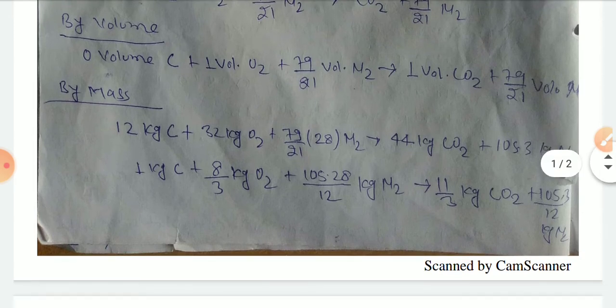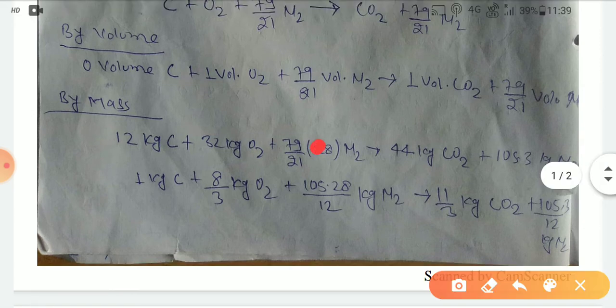In the same way, the molecular weight of nitrogen is 28, so you write it the same way. And here CO2 is 44 kg, because carbon is 12 and oxygen is 32, the molecular weights of these atoms.